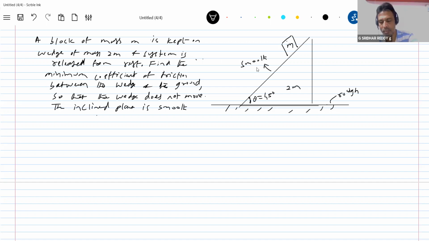Carefully analyze. Draw the diagrams. What are the various forces that are acting first?